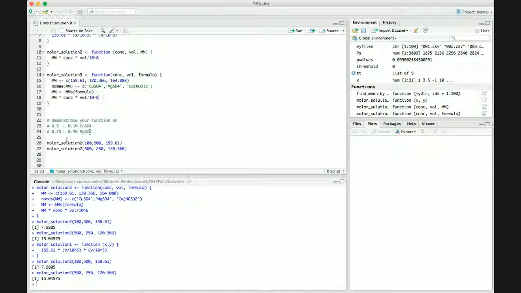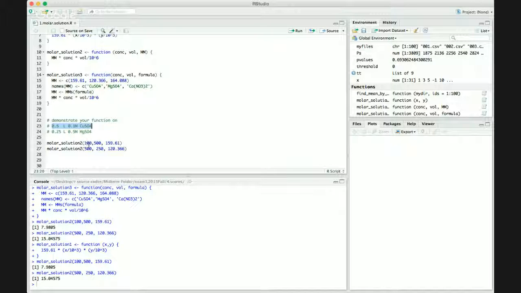So I used molar solution 2 to find the answers to the questions that we had to solve. So here we wanted to create a solution that was 0.5 liters, 0.1 molar of CuSO4. So again, I had to realize that everything was being divided by 10 to the 6th. So I had to compensate in how I input that data. So I'm using molar solution 2.